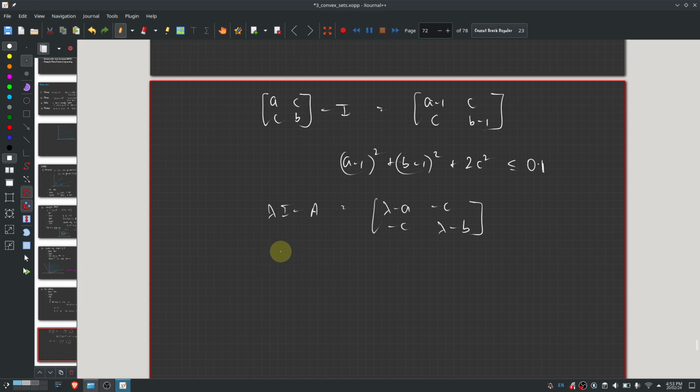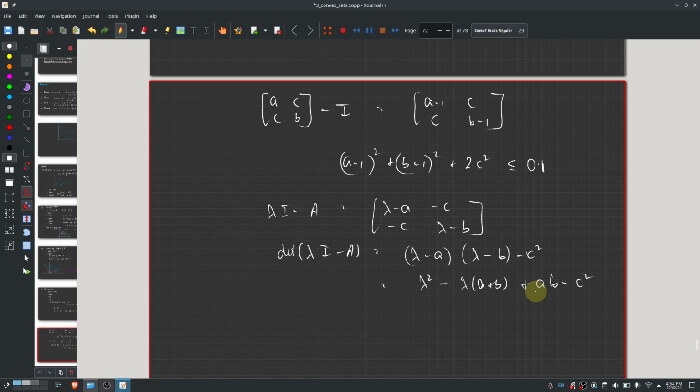So the characteristic determinant of lambda I minus A would be lambda minus a times lambda minus b minus c square, which is lambda square minus lambda into (a plus b) plus ab minus c square.